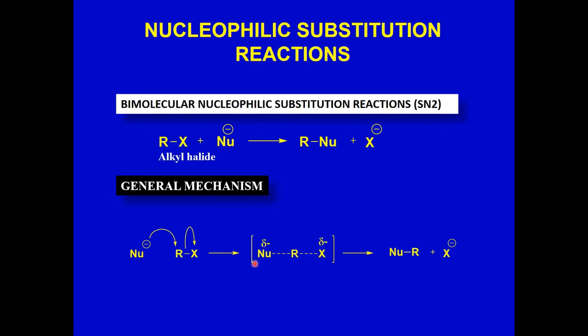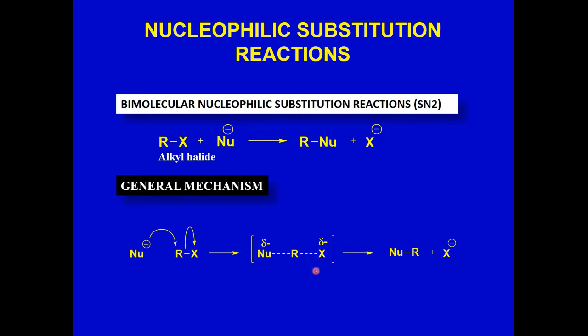The nucleophile is trying to get rid of its negative charge, but it has not completely got rid of it, and we show it with a delta negative sign. The halogen is going to have a negative charge at the end, but it has not completely adopted this negative charge, so again we show it with a delta negative sign.